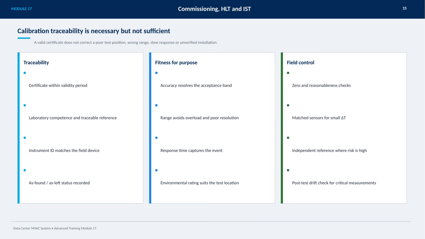In addition, field control measures like zero and reasonableness checks, using matched sensors for small temperature differences, and having an independent reference when risks are high, all strengthen the reliability of the calibration. Finally, performing a post-test drift check is vital for critical measurements to ensure stability over time. So, while traceability is necessary, it's just one part of a comprehensive calibration strategy.